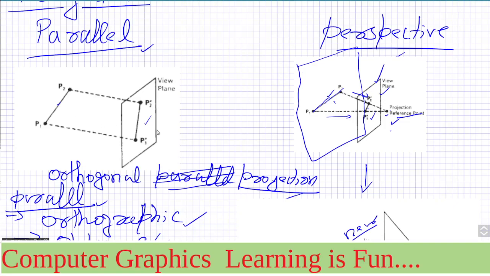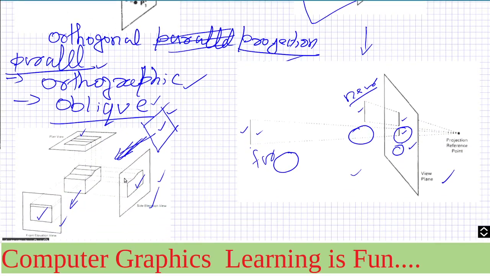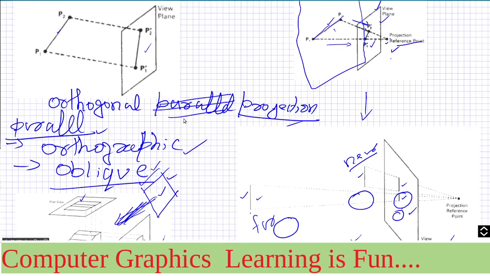So how it looks from this angle, that's it. If you are looking from a 90-degree angle, whether from this side or this side, it will be called orthographic. If you are looking from a different angle, maybe from this side, which is not 90 degrees, in that case it is oblique parallel projection.